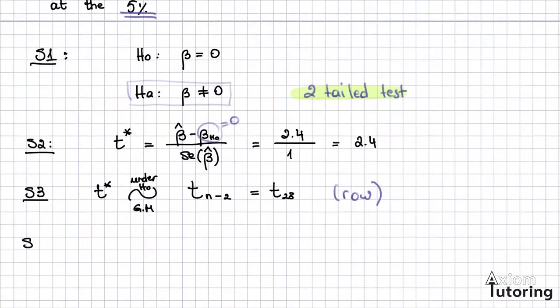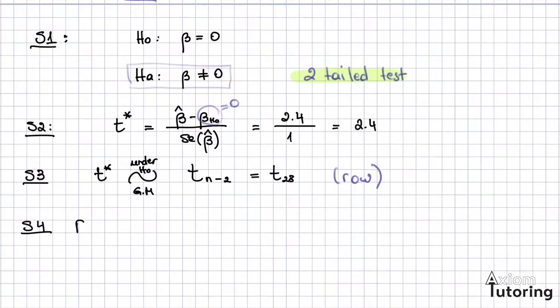Then step 4, we need to find the critical value. For this, remember, we needed three important bits of information. We've already established from the first step that it's a two-tailed test.